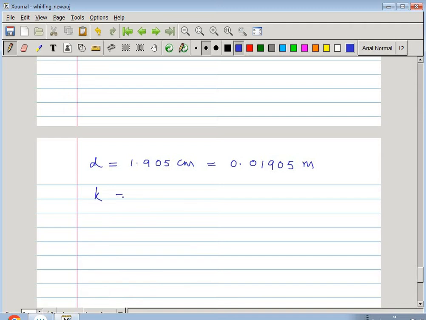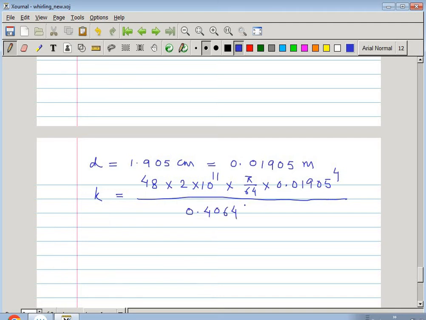So K is 48 into 2 into 10 to the power 11 into pi by 64 into 0.01905 to the power 4 divided by shaft length cube, and this turns out to be 9.24 into 10 to the power 5 Newton per meter.